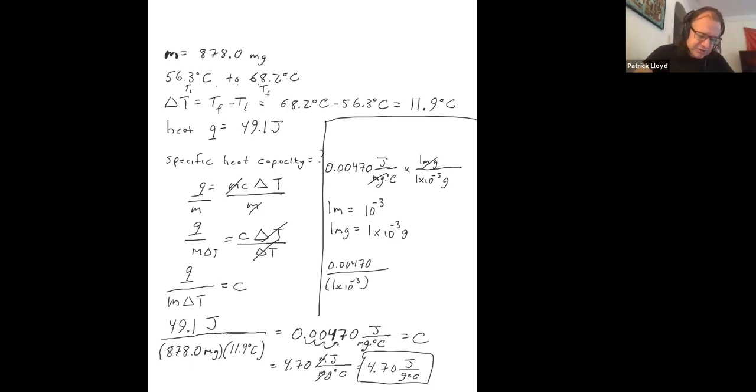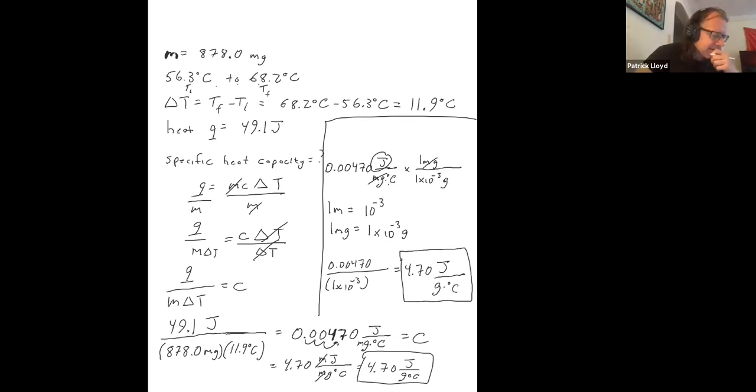So 0.00470 divided by 1 times 10 to the minus 3, and you get 4.7. Remember, 3 significant digits. And then again, we're going to have joules per gram now, right? Joules per gram because we got rid of the milligram, and then we have times degrees C. Okay.